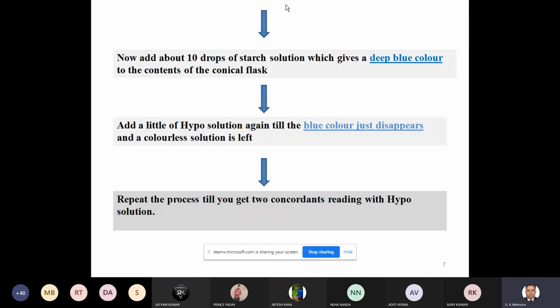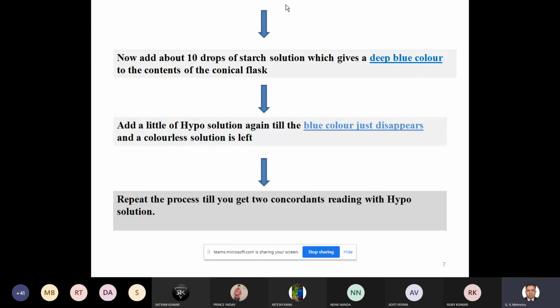Repeat the process till you get two concordant readings with hypo solution. Have you understood what a concordant reading is? Suppose in the first run we have got 25.5. Reading is 25.5 cc in the burette.